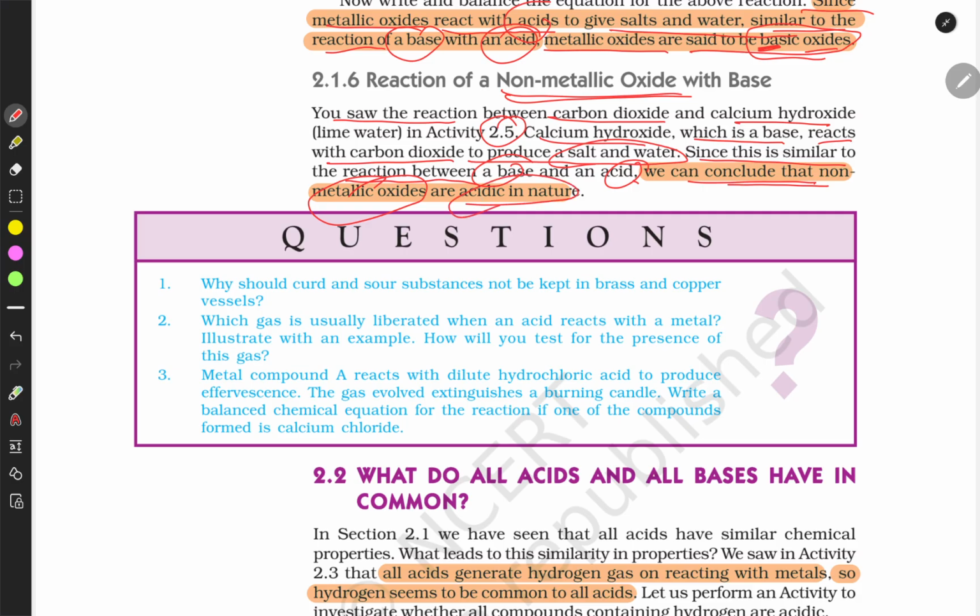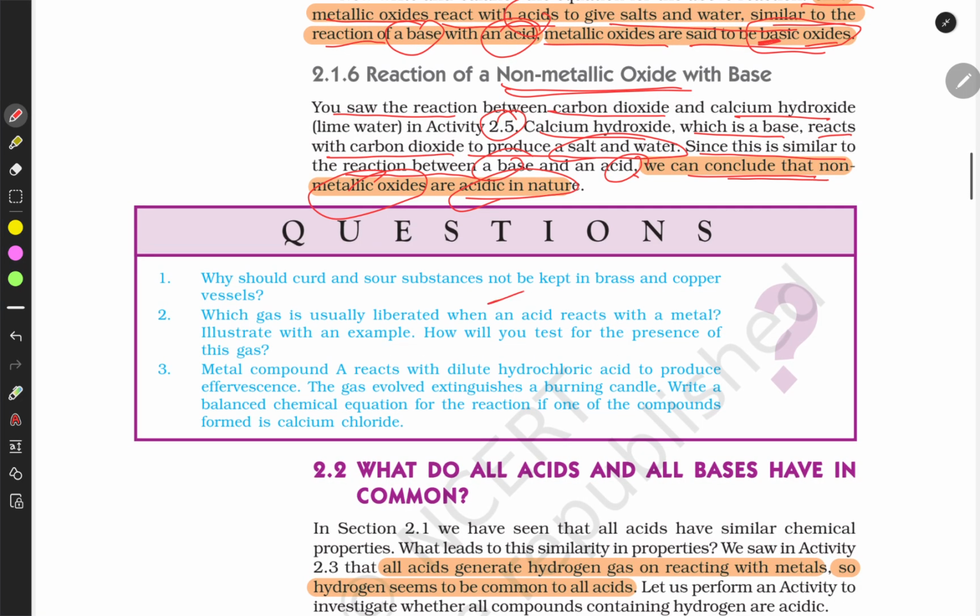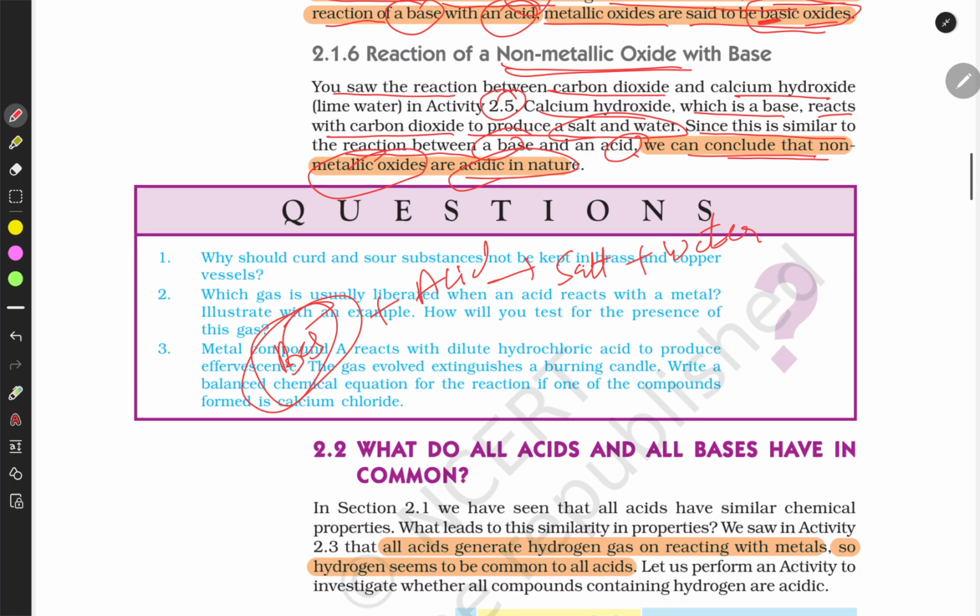By this we can conclude that if some equation is forming salt plus water, and one of the reactants is an acid, then the other must be a base, whether it is an actual base or some metallic oxide.